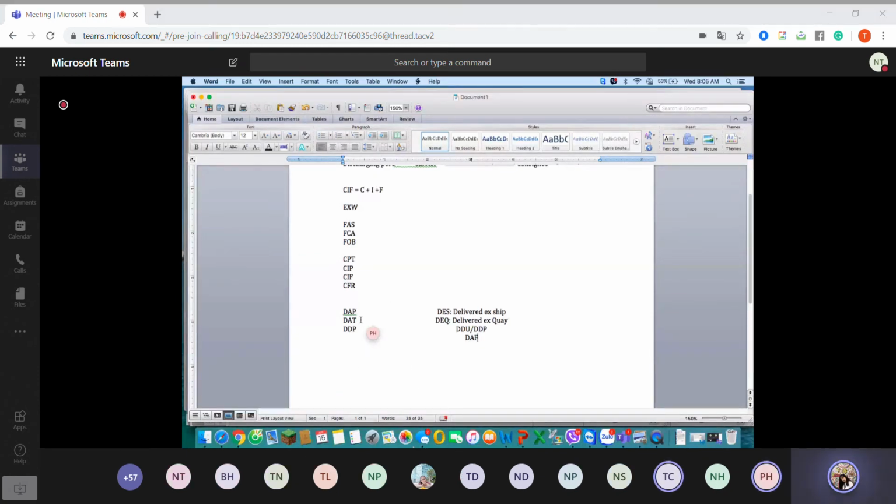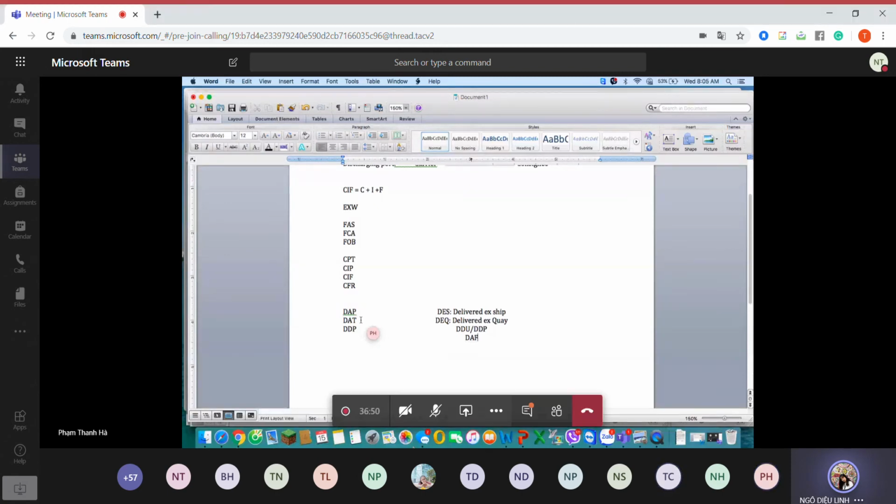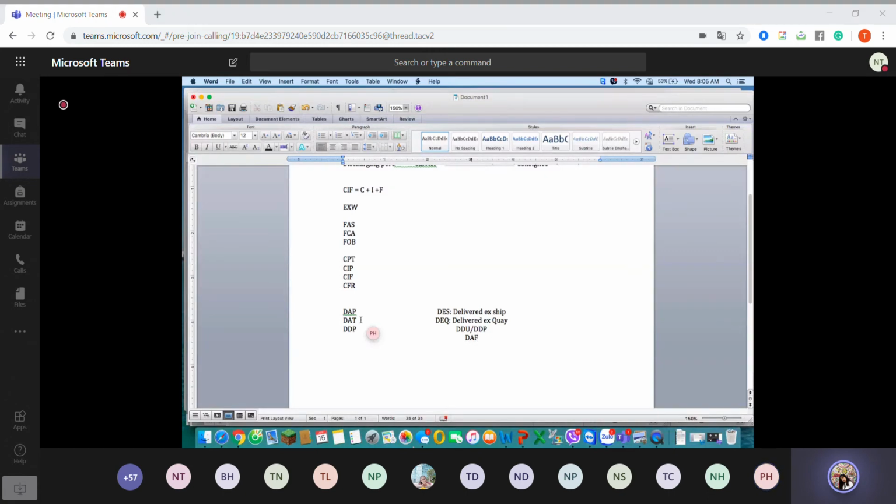DAP means delivered at place, and it means that the seller delivers when the goods are placed at the disposal of the buyer on the arriving means of transport, ready for unloading at the named place of destination, and the seller bears all the risks involved in bringing the goods to the named place.